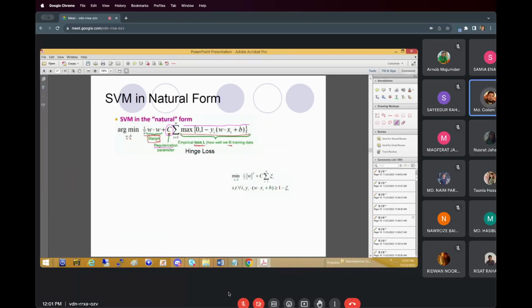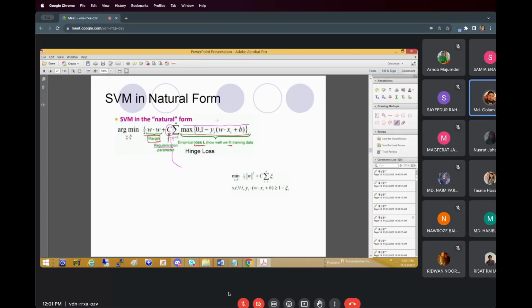If there is any penalty, it will add the penalty term, or we can say it will incur the penalty like this. This much penalty, and if it is not misclassified, then there will be no penalty.